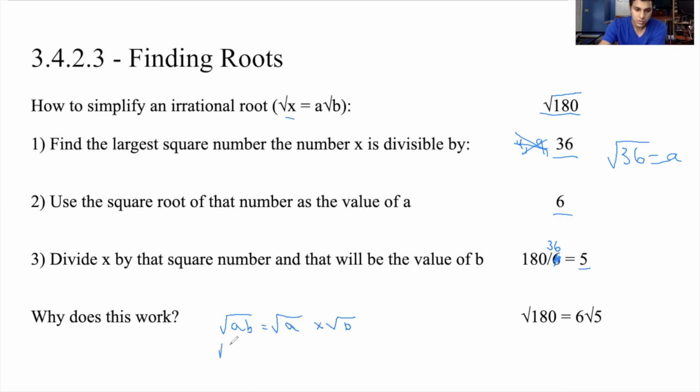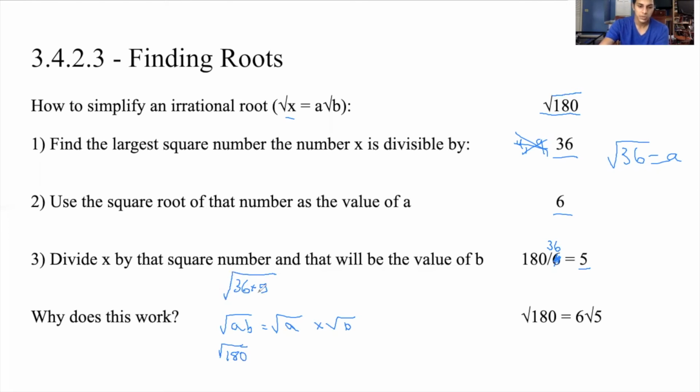If I took the square root of 180, well, a times b are just two numbers that multiply to 180 in this case. And I know that two numbers that multiply to 180 are 36 and 5, right? 36 times 5 equals 180. So technically, the square root of 180 is the square root of 36 times 5.